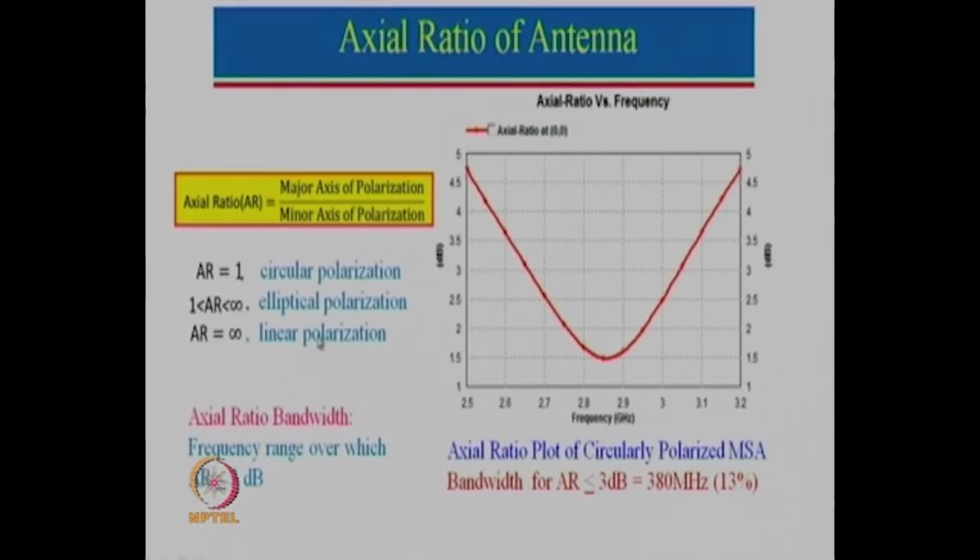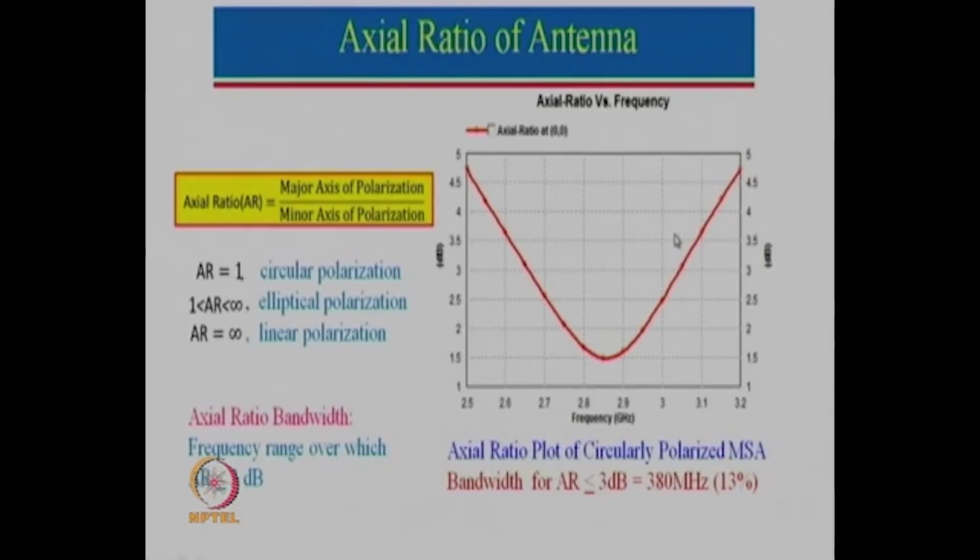Yet we define approximate circular polarization. This is the plot of axial ratio versus frequency. You can see axial ratio 1, 2, 3. If you draw a line over here, we can say that from this frequency up to this frequency axial ratio is less than 3 dB.